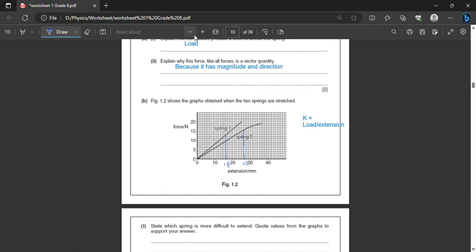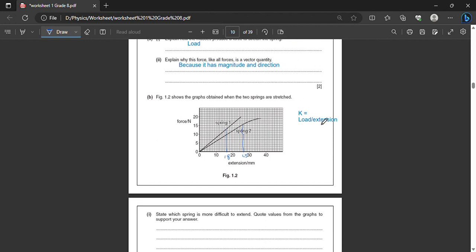Now for spring 1, let's call it K1. So K1 equals 20 over 25, the force over the extension. So 20 over 25, for K1 you get 0.8. K1 is spring 1. Now let's calculate K2, for spring 2. K2 will be 17 over 29, and the value you get for K2 is 0.59.